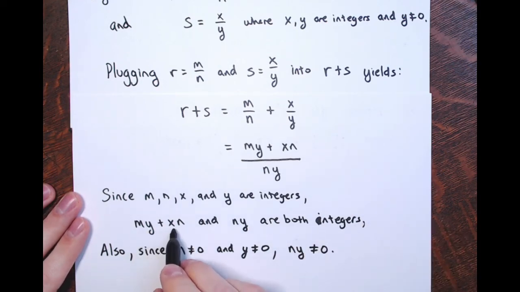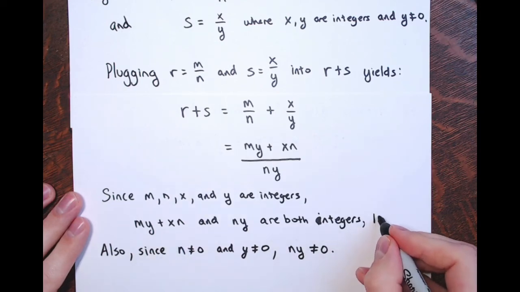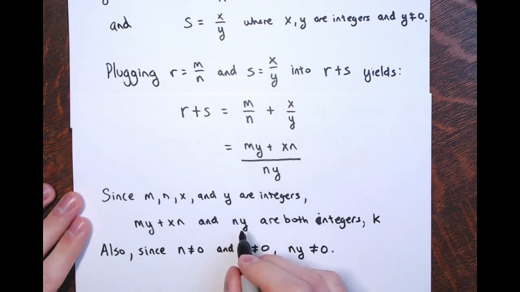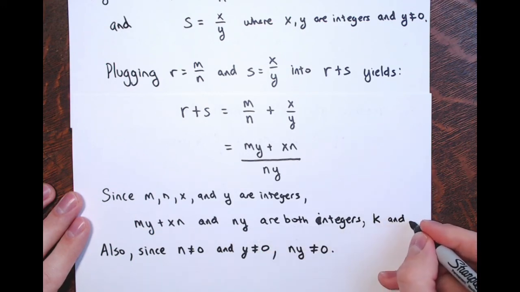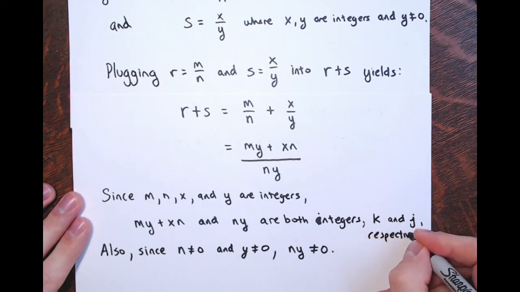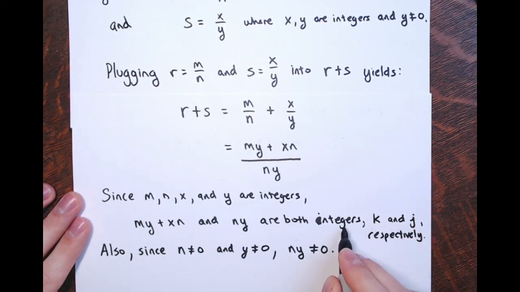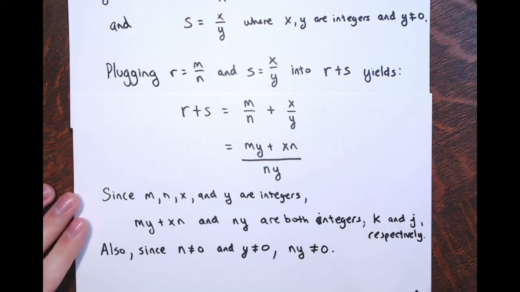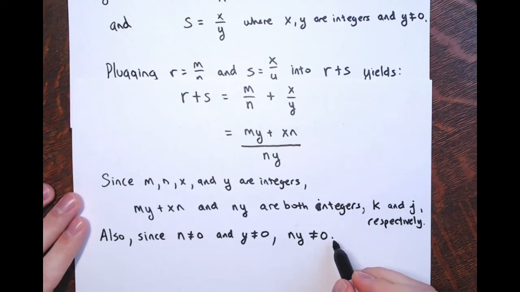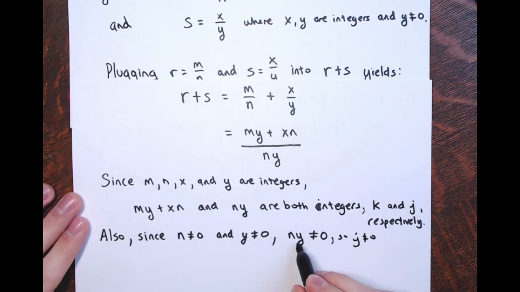Let's call this my plus xn, let's call that k, and let's call ny j. So k and j respectively. Introducing new integers, and I'm telling you they're integers right here. So k is representing my plus xn, j is representing ny. So that means that j is not 0, since j is ny.